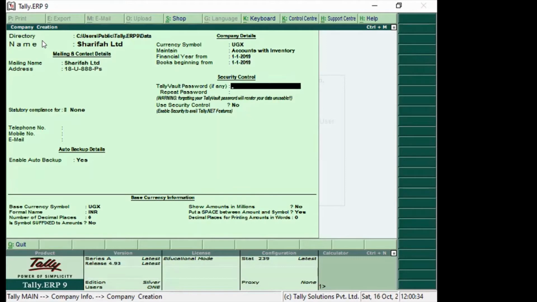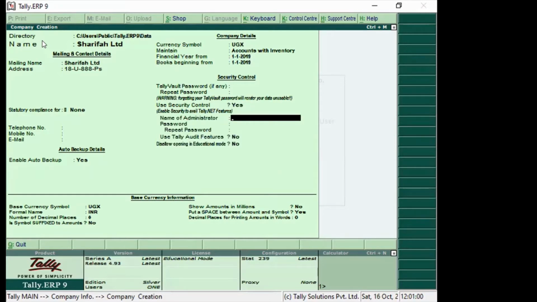Then the TallyVault password, if any. This one you don't put, you just jump. When you use TallyVault password, it will need administrator permission to open, and yet this is your exam. So you're only allowed to use security control. So when you reach security control, you say yes. And you say yes, they will bring name of administrator.